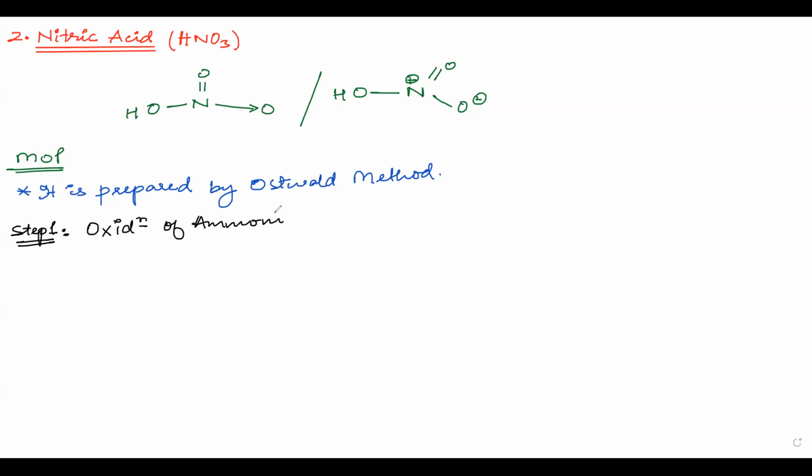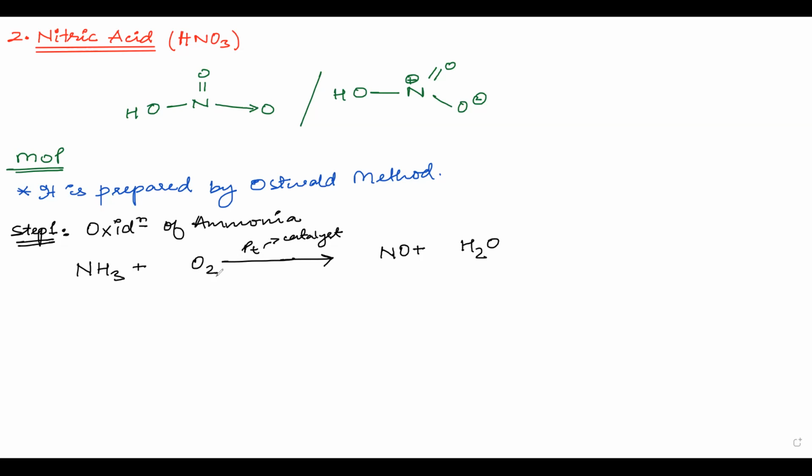The formula for ammonia is NH3. When we oxidize this NH3 with atmospheric oxygen, with Pt as catalyst, we get nitrogen oxide plus H2O. As you can see, O2 oxidizes both the nitrogen and also the hydrogens. Now we have to balance.